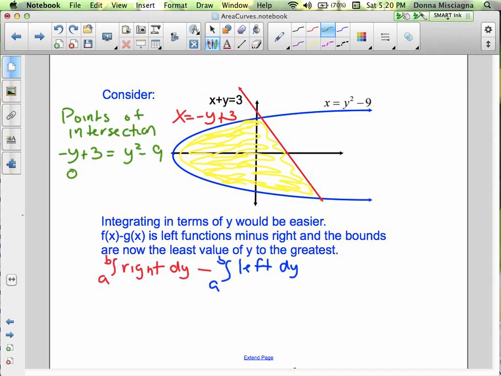So 0 equals y squared plus y, and then minus 9 minus the 3 is minus 12. This factors to y plus 4 times y minus 3, a nice easy factor in there. So y is equal to negative 4, and y is equal to 3.